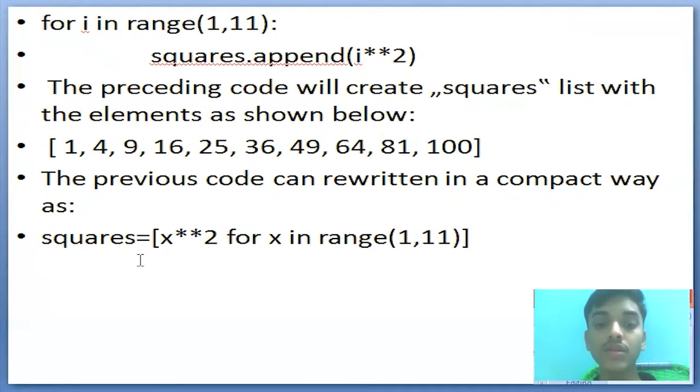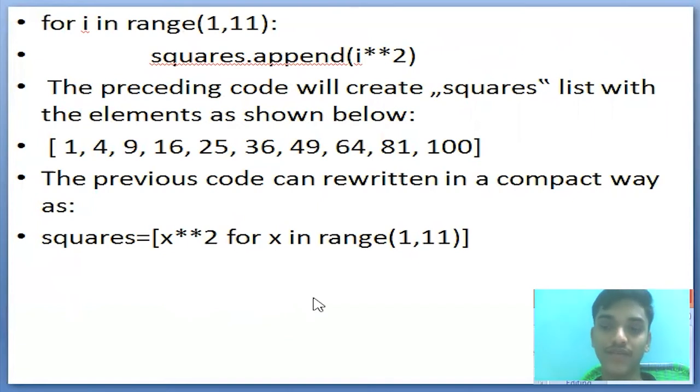Now we are using squares equals, adding it into the square brackets only: x to the power 2 for x in range. Here we are using range, but we are not using a for loop, because if we use a for loop we have to append squares, but here we can do it in a single line only.